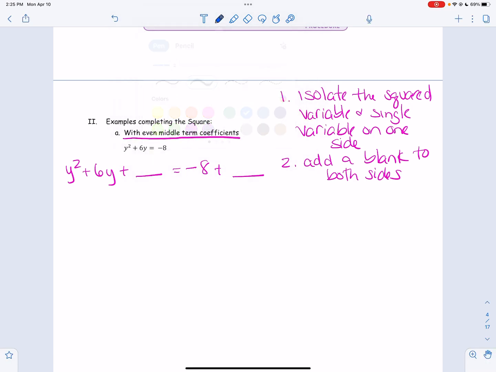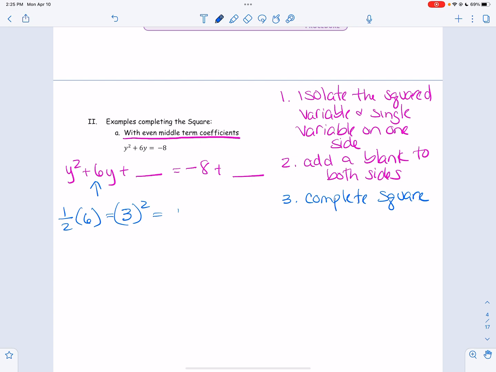Then step 3 is you are going to complete the square, just like we did in those last problems. We're going to take half of 6, which is 3, square it, which is 9, and that goes in both blanks. So we complete the square to fill in both blanks.